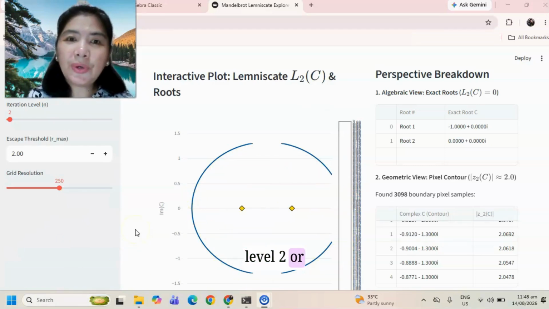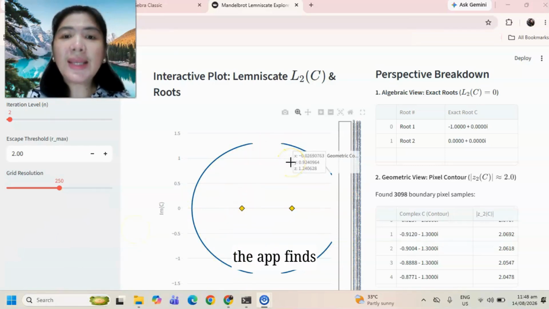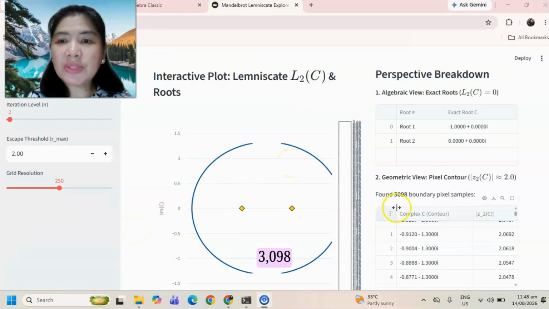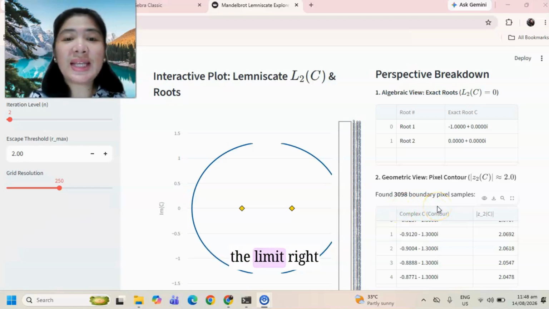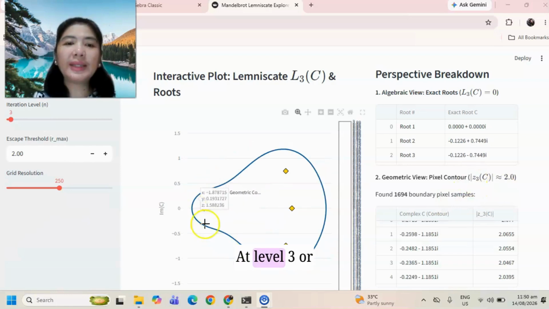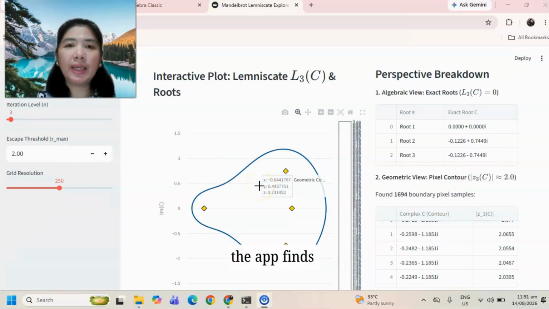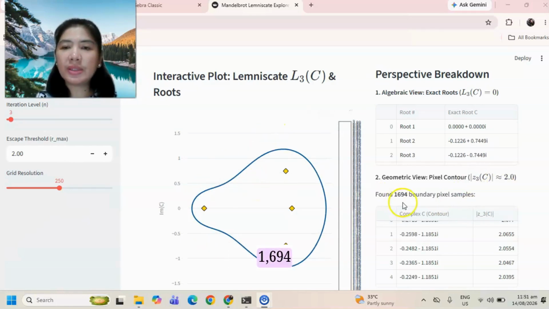At level 2, or z sub 2, the app finds 3098 boundary pixels, where the calculation reaches the limit right on the second step. At level 3, or z sub 3, the app finds 1694 boundary pixels that hit the limit on the third step.